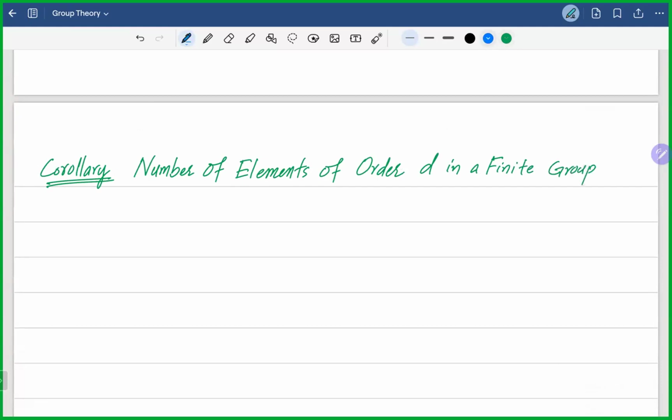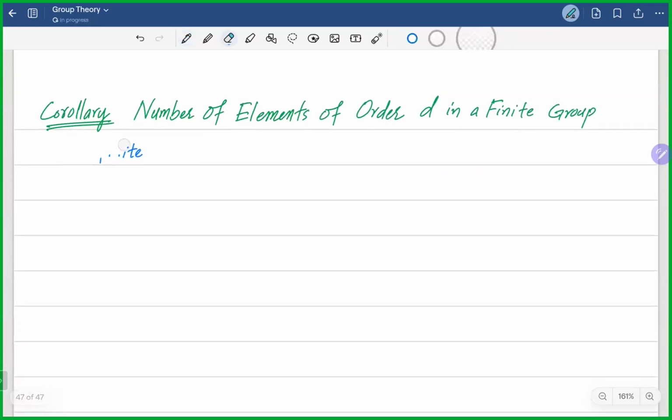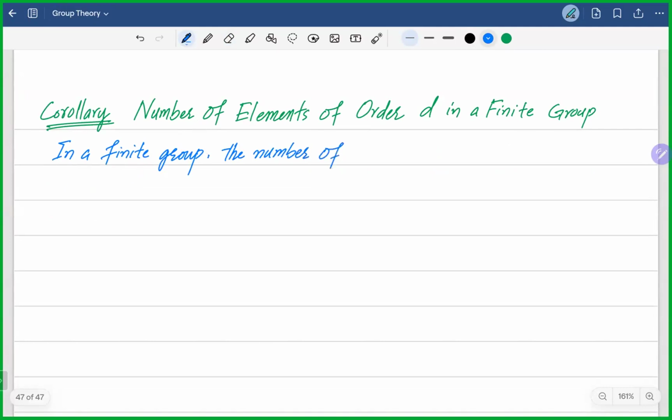In a finite group, the number of elements of order d is a multiple of phi of d.